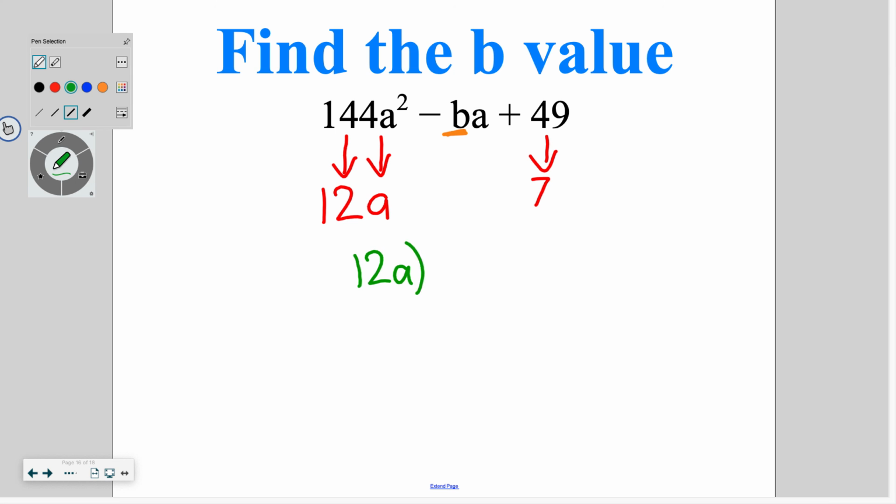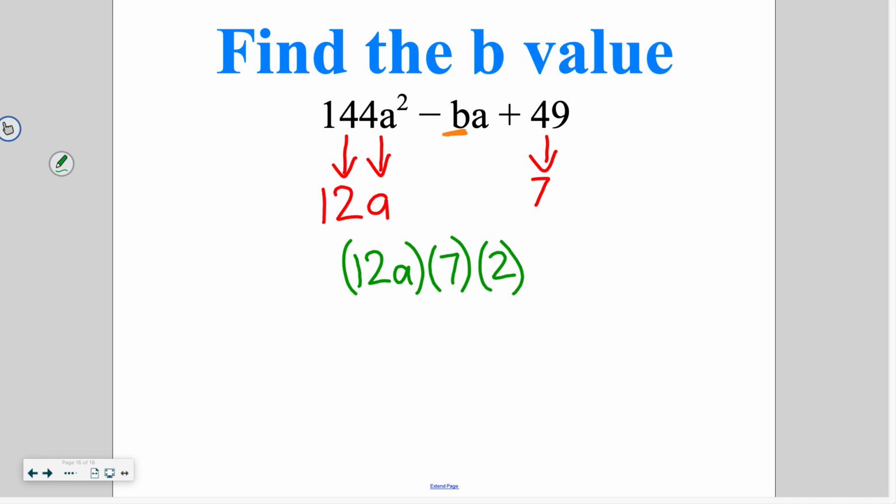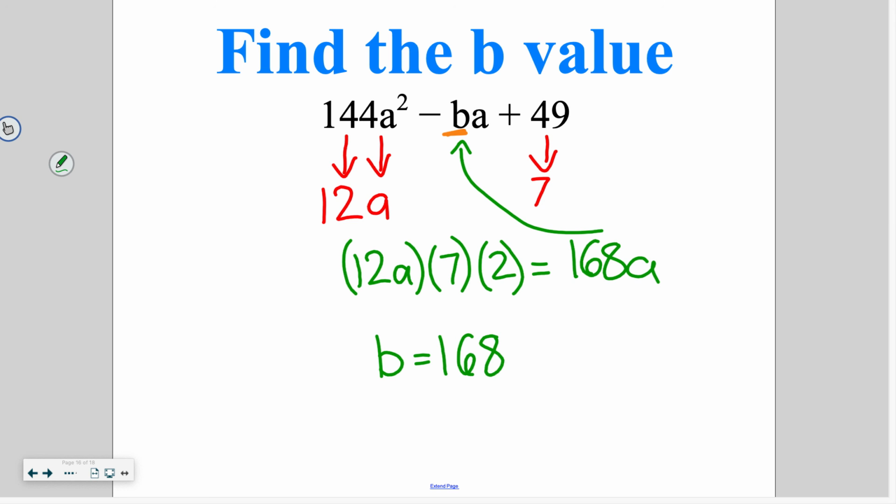So 12a times 7 times 2. 12 times 7 is 84, times 2 gives us 168a. So the piece that would have to go in the place of b is going to be 168.